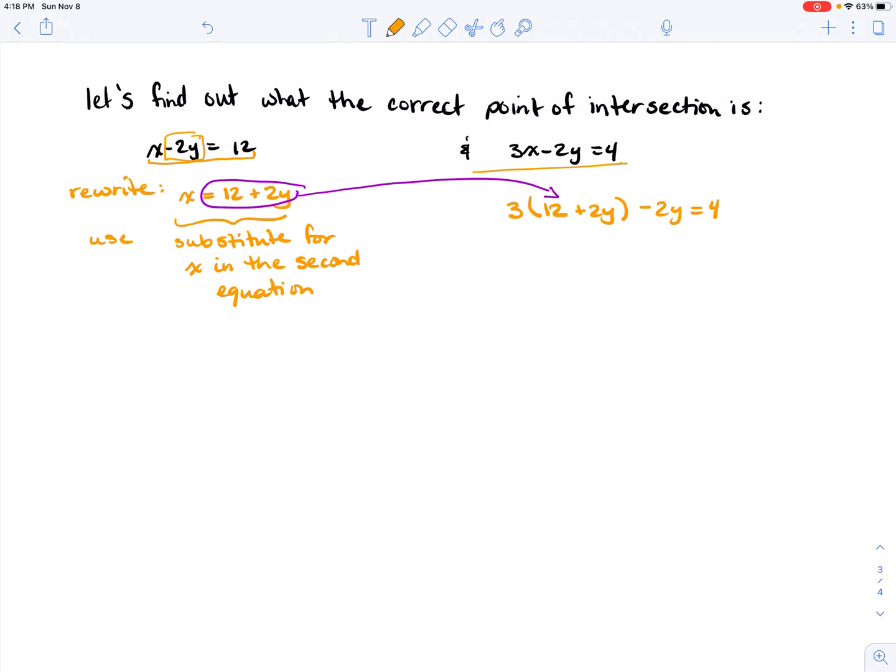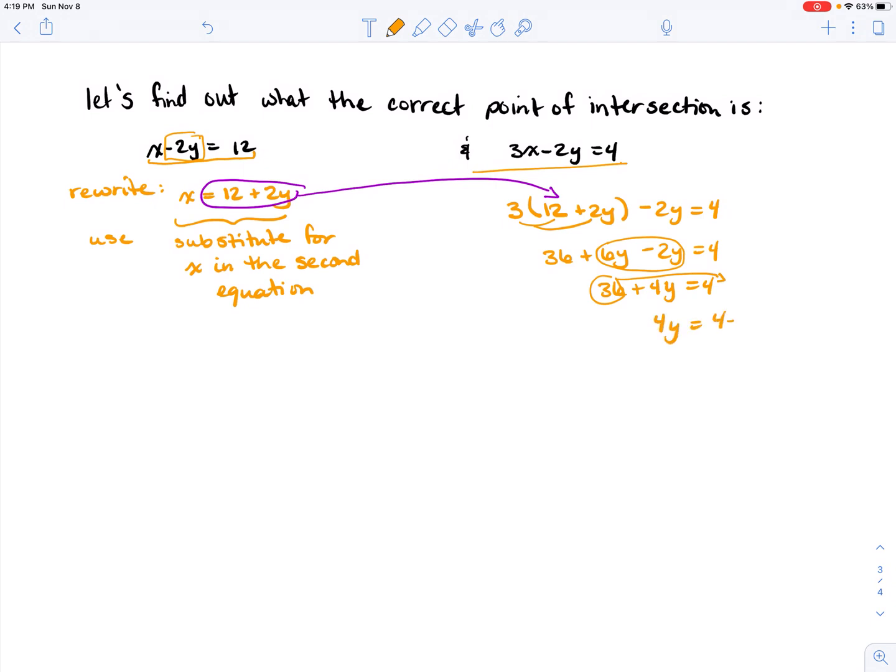So let's go ahead and do that. If I distribute the 3 inside my brackets, I have 36 plus 6y minus 2y equals 4. Collect my like terms. I have 36 plus 4y equals 4. I need to bring my 36 to the other side of the equal sign so my 4y is by itself.